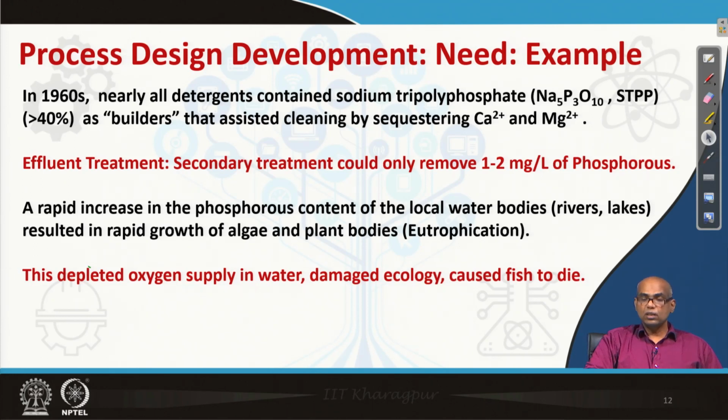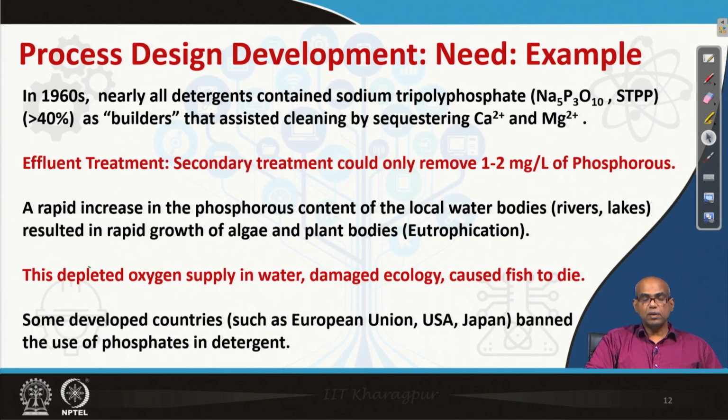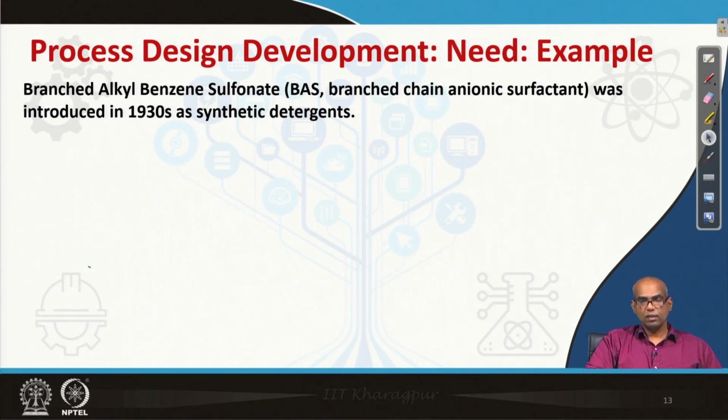So, it led to eutrophication. Some developed countries such as the European Union, USA, Japan banned the use of phosphates in detergents. So, it was necessary to come up with a replacement.